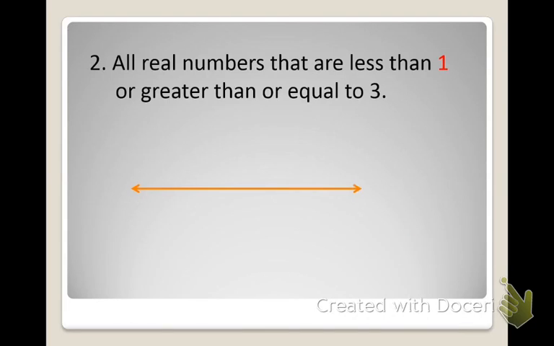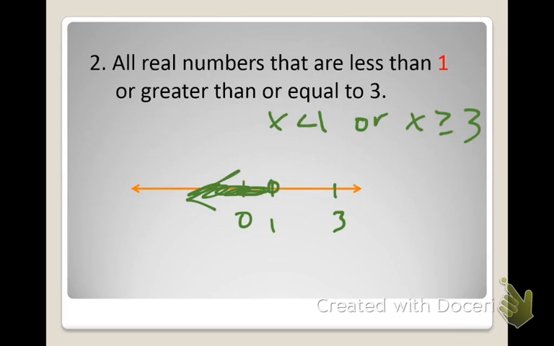All numbers that are less than 1, so x would have to be less than 1, or we'll take any numbers that are greater than or equal to 3. So it would look like that. Well, on your graph, we'll take any numbers that are less than 1, so open circle, less than 1, or greater than 3.